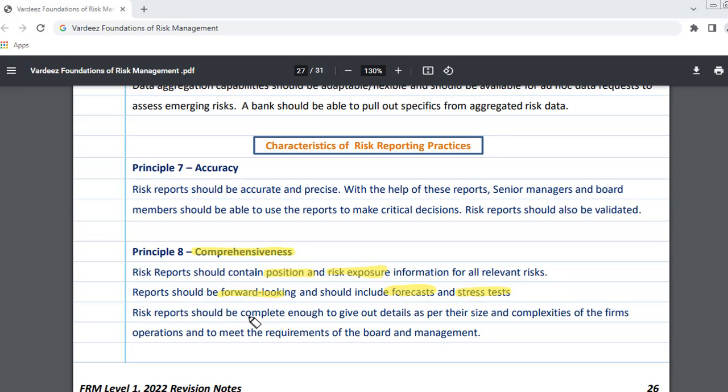Risk reports should be complete so that they give all the details needed for the firm's operations. It should cover all the necessary details, even if the size is small or large. And this comprehensiveness should also meet the requirements set by the board and the management.